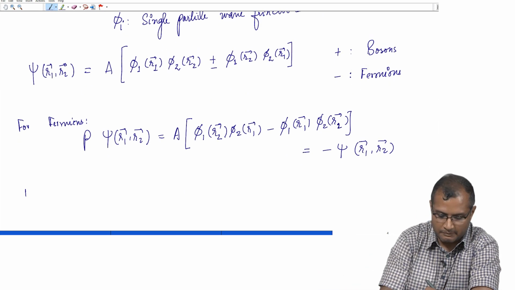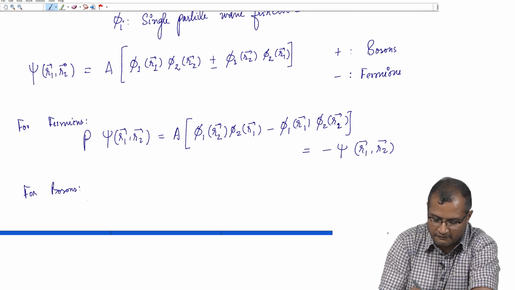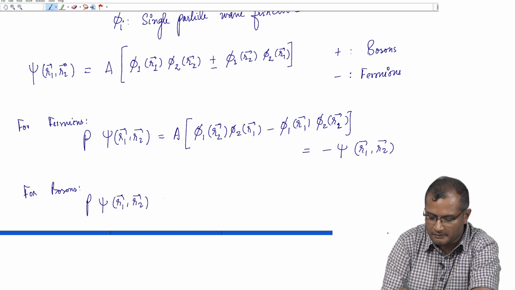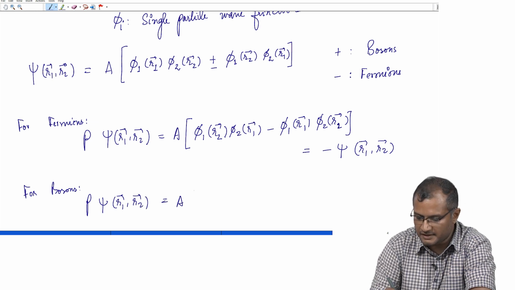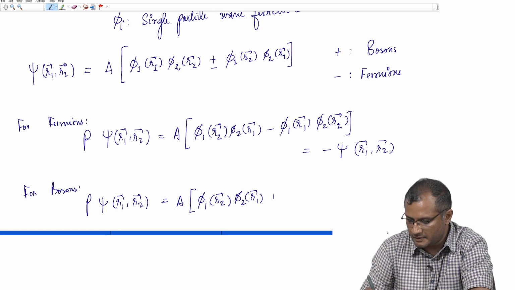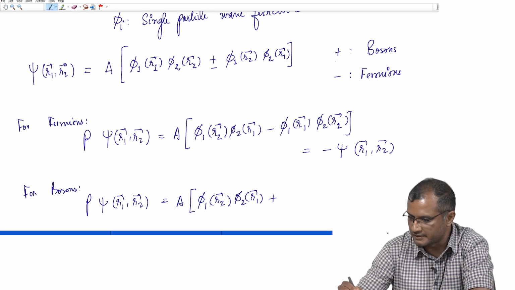Similarly, for bosons, if I apply the parity operator, then I get back the same function, phi 1 r 2 phi 2 r 1 plus, because I have a plus sign for bosons, already given here.